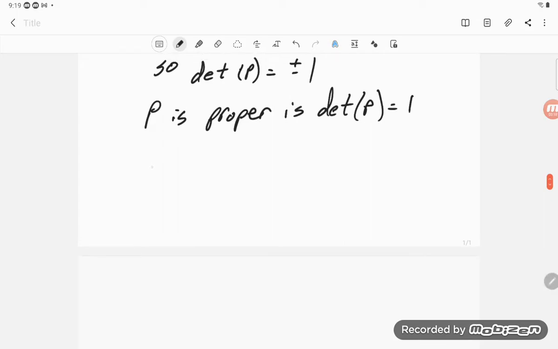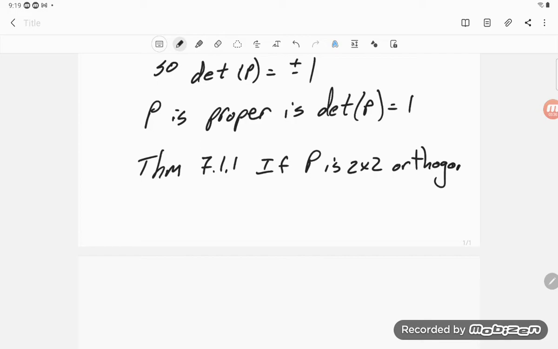But okay, so then they look at 2 by 2 in particular, and that's their theorem 7.1.1. If P is 2 by 2 orthogonal, then, with the determinant being 1 here, so it's proper, it's kind of important to mention.